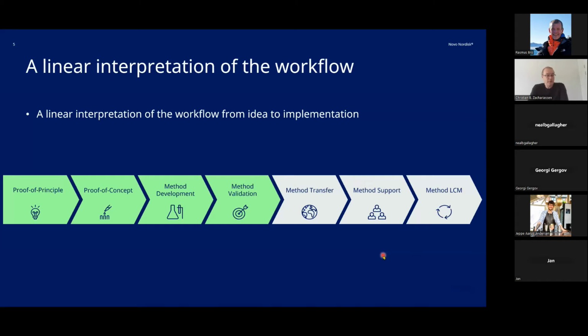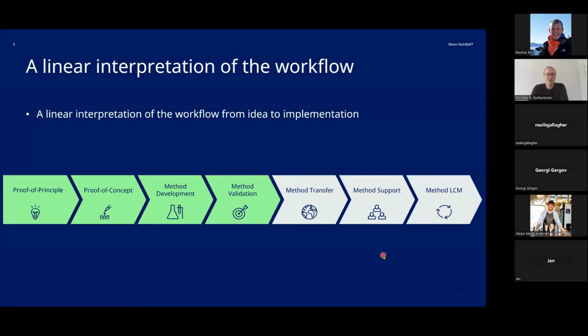And if the proof of principle shows that we have somewhere that we can go ahead with, we want to take it to a proof of concept. And proof of concept is more internal to the problem at hand and a specific solution working in a pharmaceutical environment.